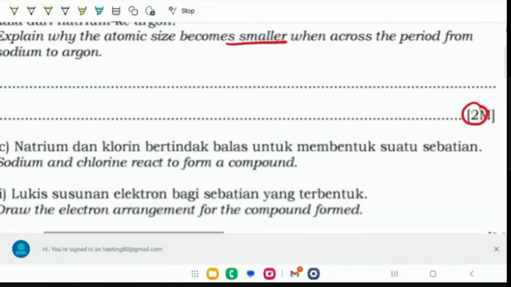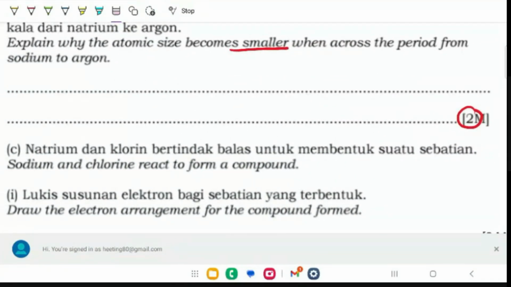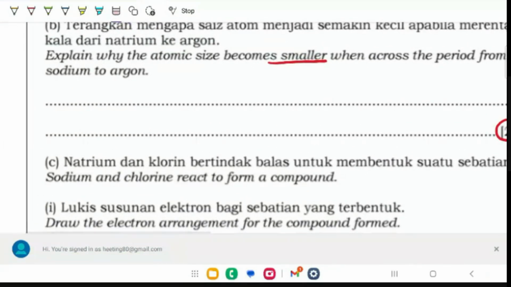Now, sodium and chlorine react to form a compound. Class, what compound is it? Ionic. This one you should know, it will form the ionic compound.